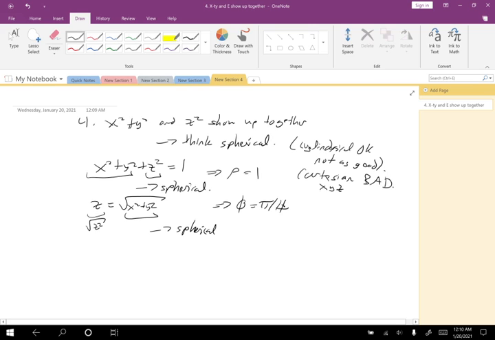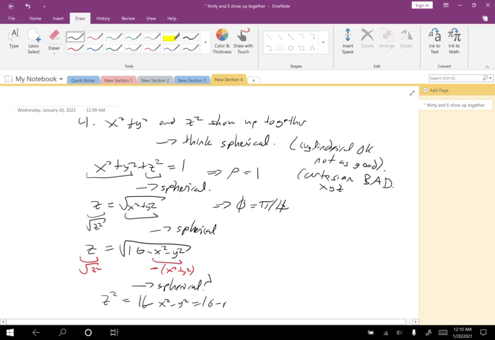And let me just go over one more. What if I had z equals the square root of 16 minus x squared minus y squared? Well, without thinking, I see x squared plus y squared, in that case with minus signs in front of both, and then I see the z, square root of z squared. So I should immediately think spherical. If you square both sides, this is z squared equals 16 minus x squared minus y squared, or 16 minus r squared.